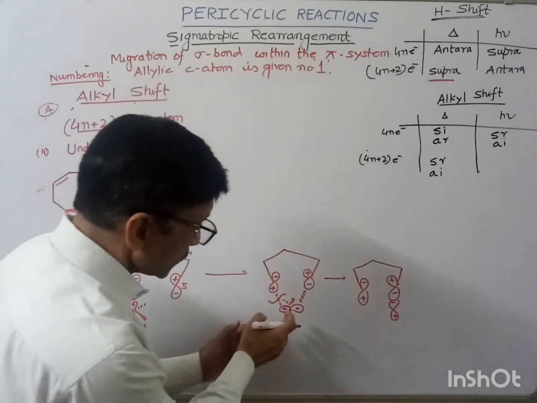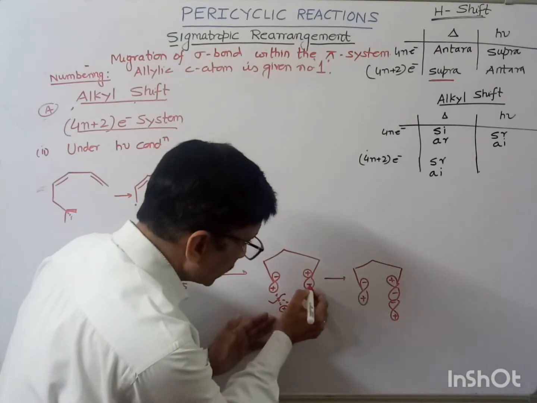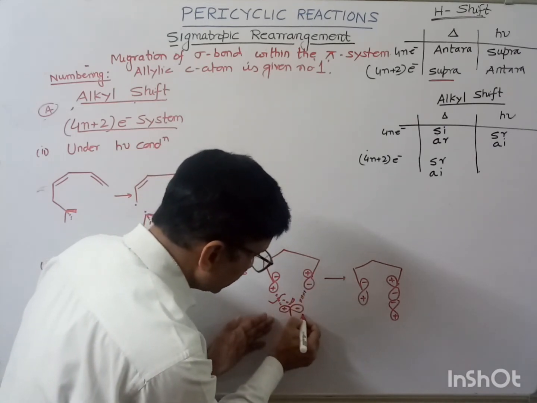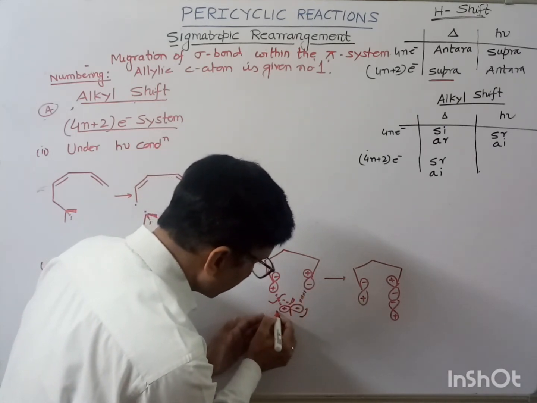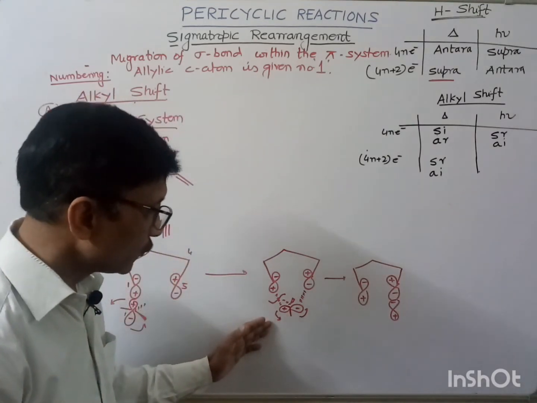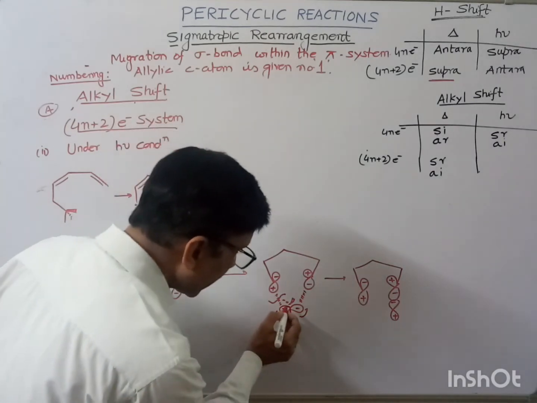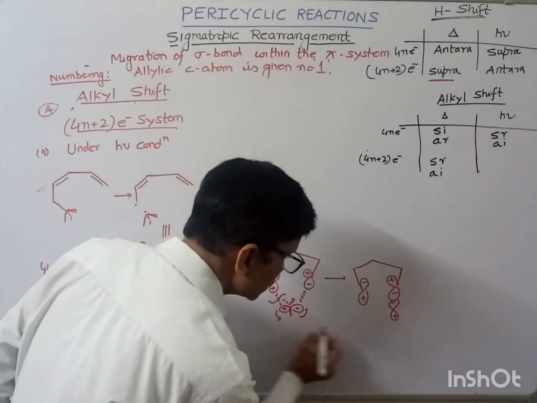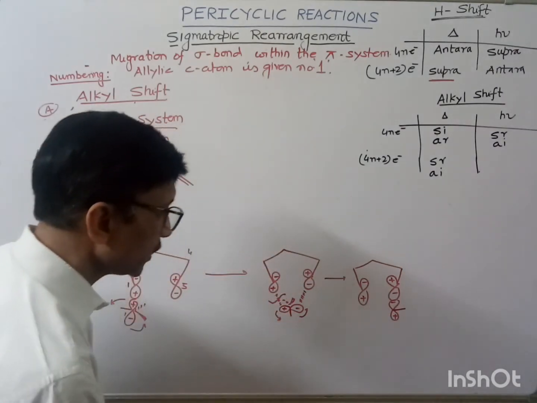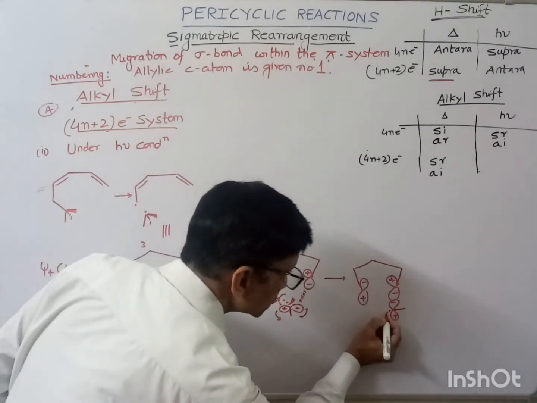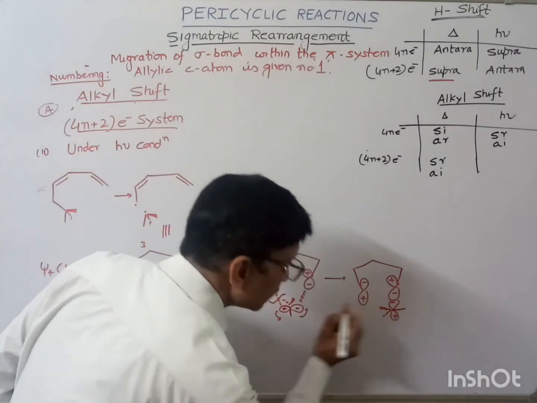Okay, so now again the bond can form with this one. Again you should rotate it by 90 degrees. When you rotate it by 90 degrees, the bonding interaction will take place, and here this bond which is in plane will go over here, and this dash and wedge will go over here.